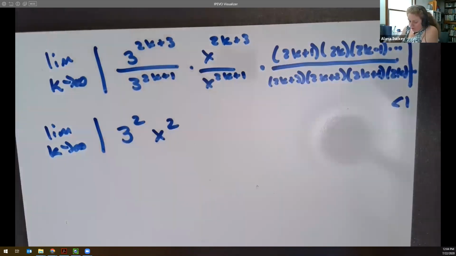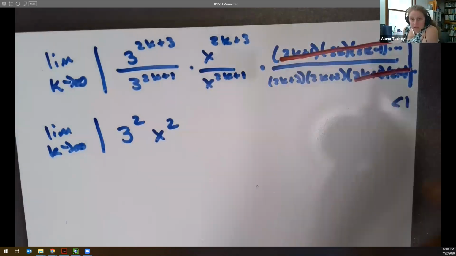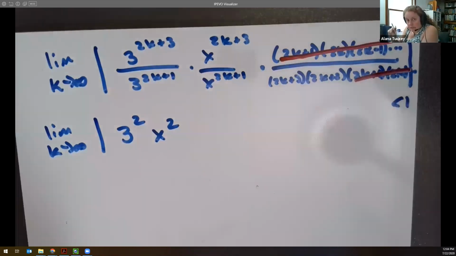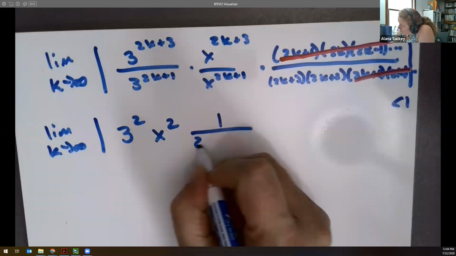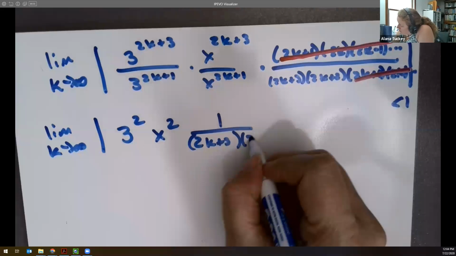Over here, where a few of you messed up on your ratio tests in chapter 10, these are all gone. It subtracts 1 every time. You don't just jump to k. You jump to the next one down, then the next one down, then the next one down. And so that would mean it's got 1 over 2k plus 3 times 2k plus 2.